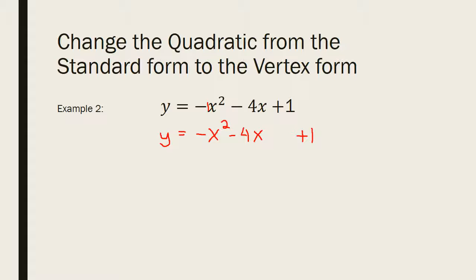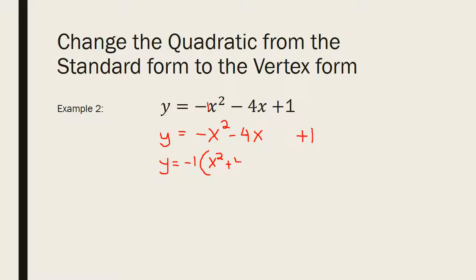The second step is looking at these first two terms. I see that I don't have 1 as a leading coefficient. So the second step here is to get rid of that number next to x squared, which is negative 1. The only way I can do that is by taking negative 1 as a greatest common factor between x squared and negative 4x.